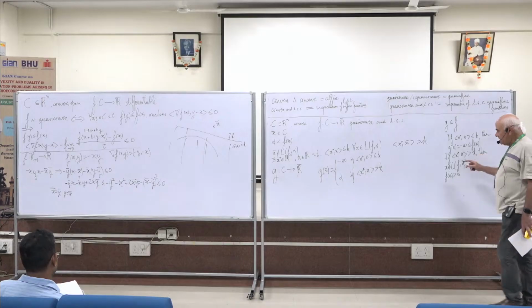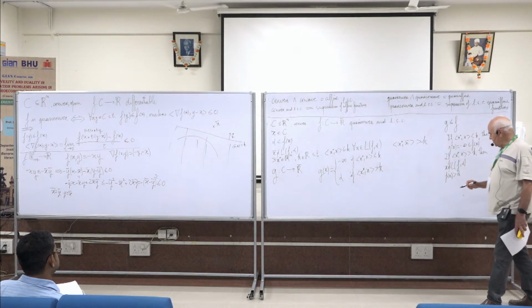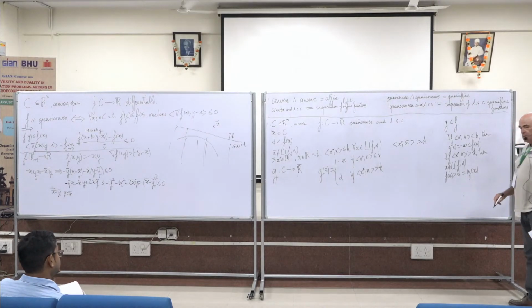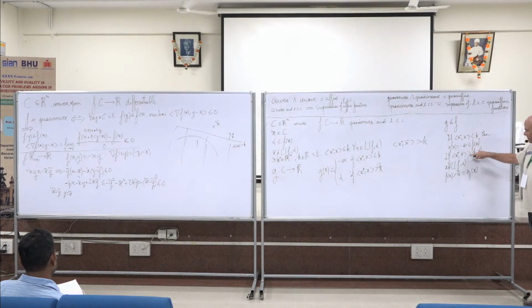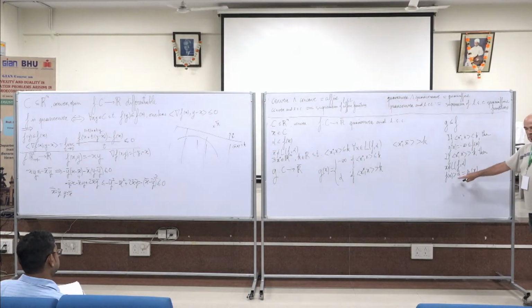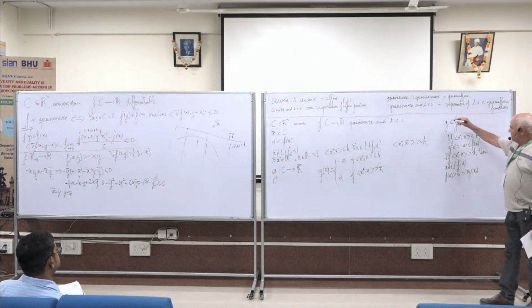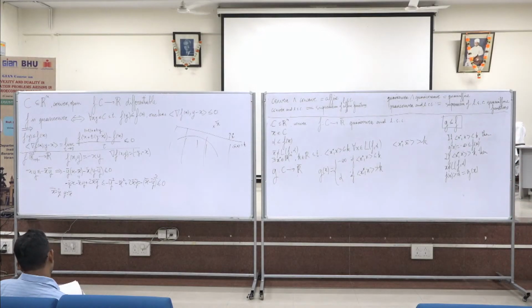But for this case, satisfying this condition, alpha is precisely the value of g of x. So in both half spaces, in both complementary half spaces, g takes a value smaller than the value that f takes. So this proves my claim that g is everywhere less than or equal to f.